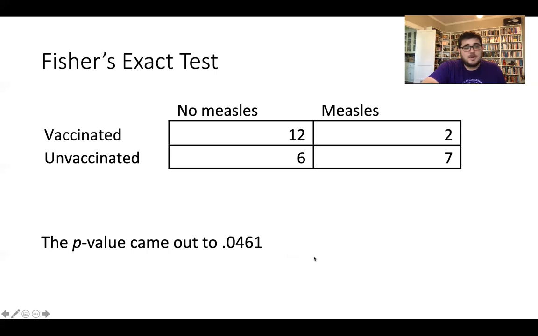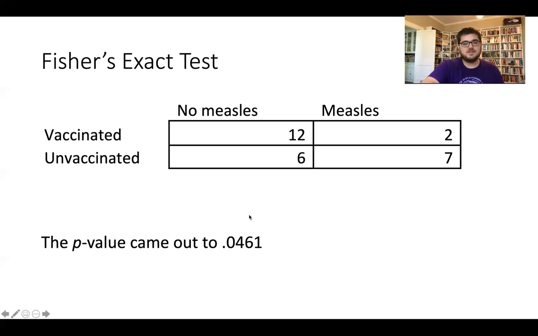The interesting thing about a Fisher's exact test is that when you report your statistical tests in a paper, oftentimes you have to give your test statistic in italics, and then in parentheses the degrees of freedom, equals, and what the test statistic equals. Then you say p less than whatever. With Fisher's exact tests, you just get a p-value at the end. There's no test statistic because there's no distribution.